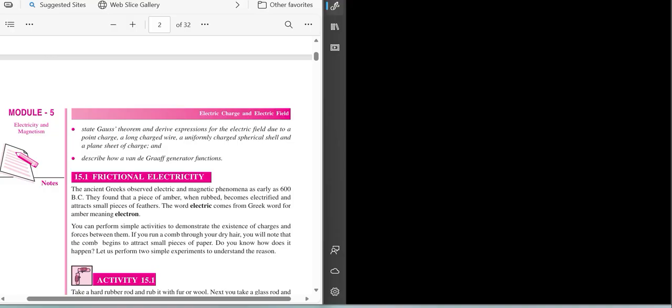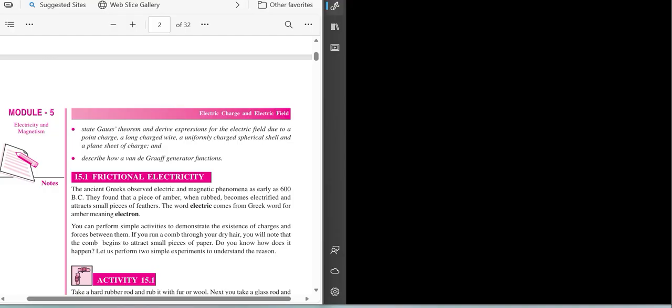What they found was that it attracts small pieces of feather after being rubbed. So they understood that some phenomenon was happening and they coined the word electric. In the Greek language, electric means amber.